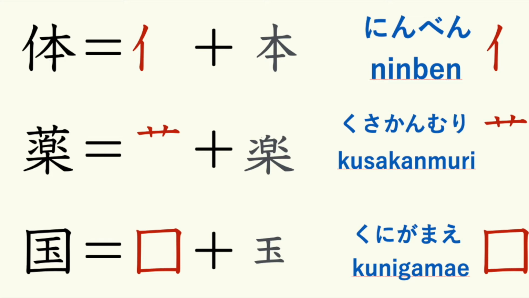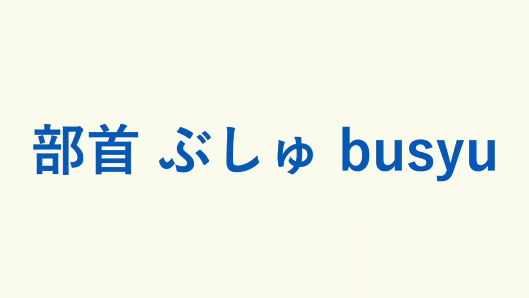And kuni is a combination of a square shape and tama, like treasure in the center. Kusuri is a combination of the leaves and the fun, tanoshii kanji.